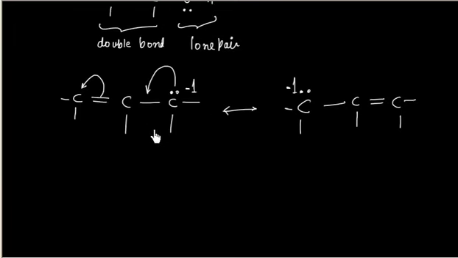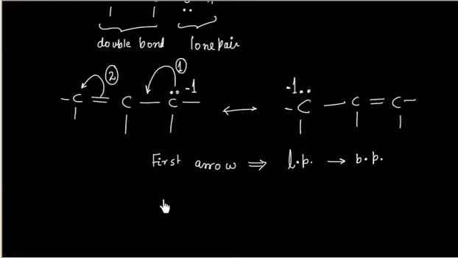Let us call this one the first arrow, and this the second arrow. Basically the first arrow converts a lone pair into a bond pair.